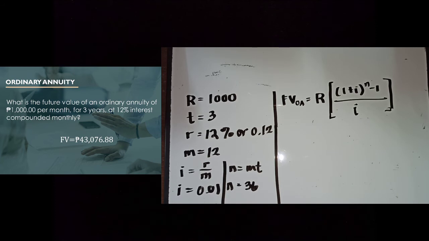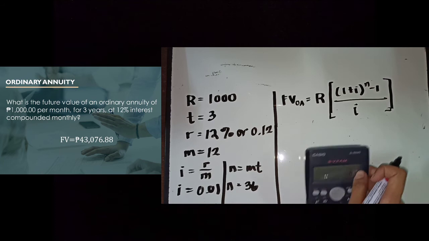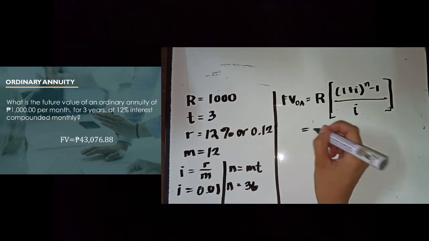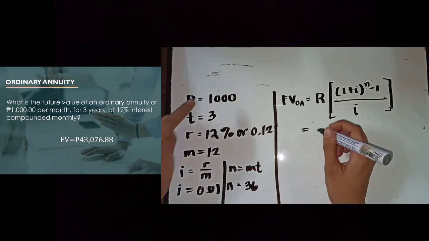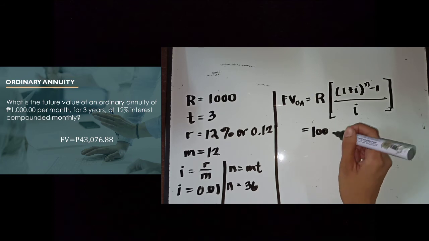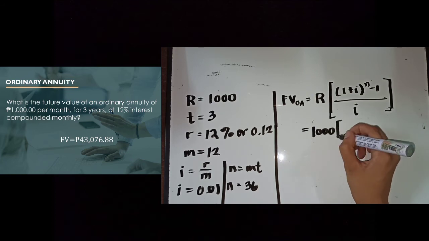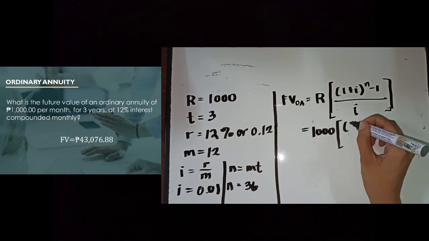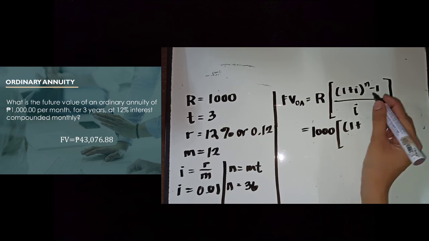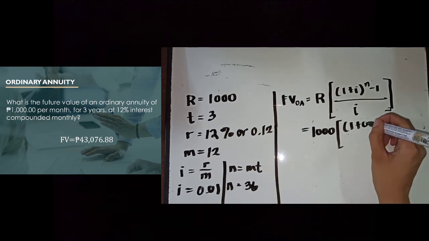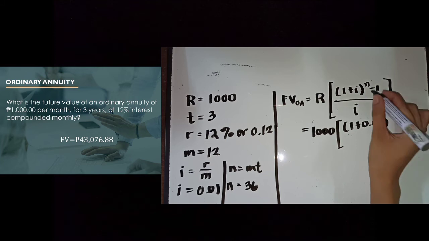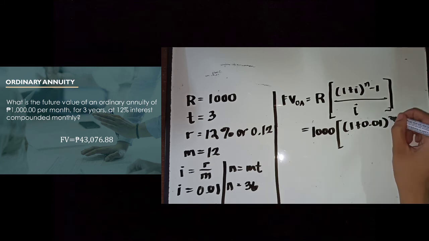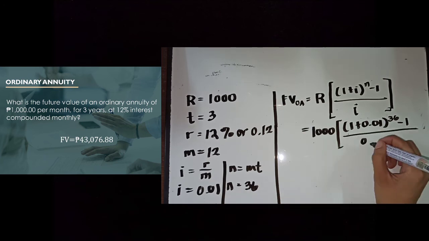So just substitute all the given in our formula. The value of your R is 1,000, then multiply by 1 plus I, 0.01, the value of your N is 36, then minus 1 over I, which is 0.01.